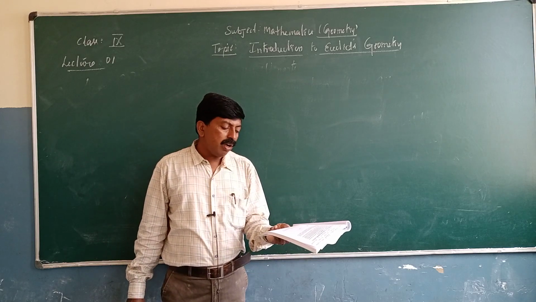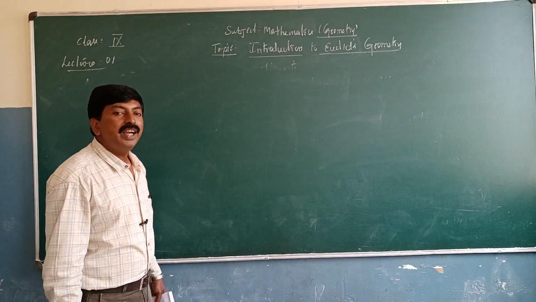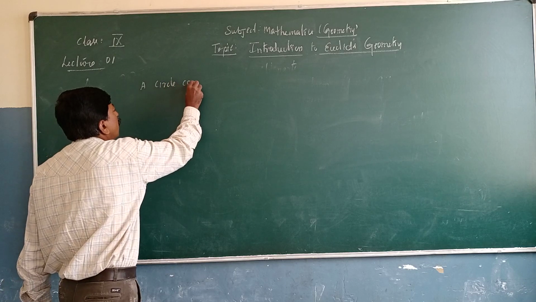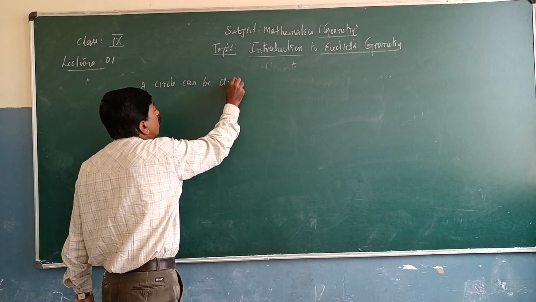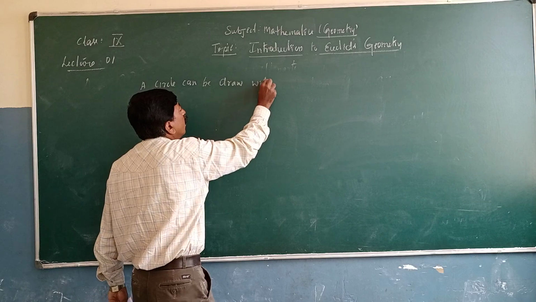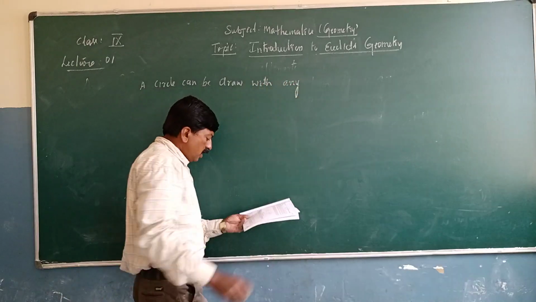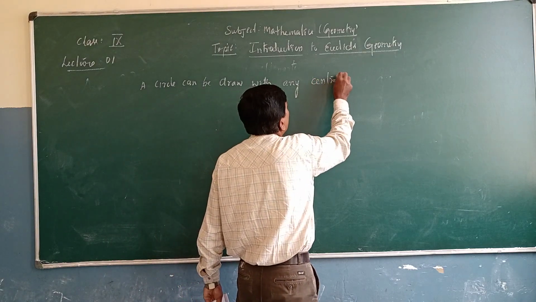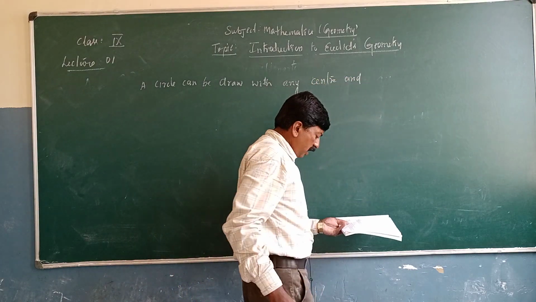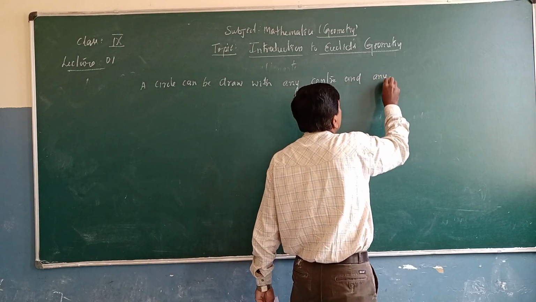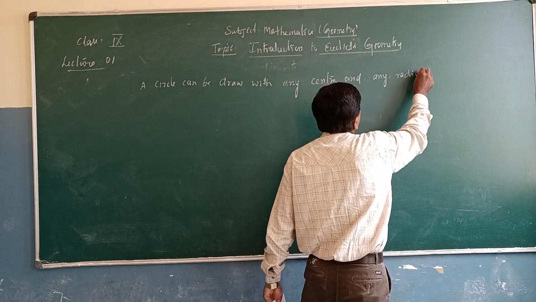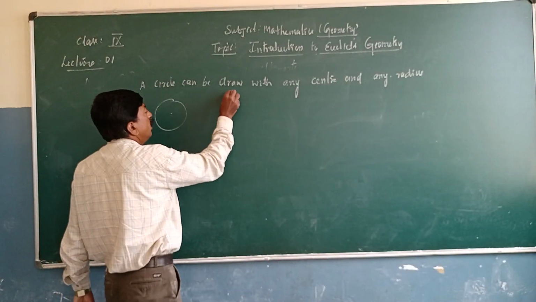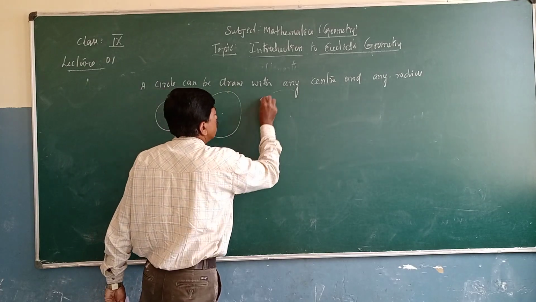And a circle can be drawn with any center and any radius. Observe: here is a circle, here is another circle, and here is another.